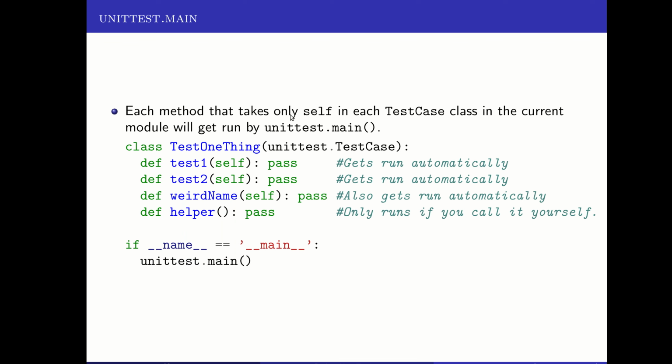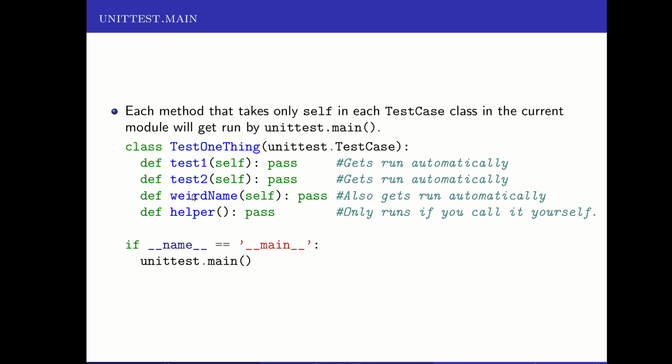Every method that takes only self and belongs to a test case class in the current module will get run by that unittest.main. So you see here that I've got test1 and test2 like before. They take self as an argument so that they are pointing to their own class and can have some of that test case inner workings available to them through inheritance from the unittest.TestCase class.